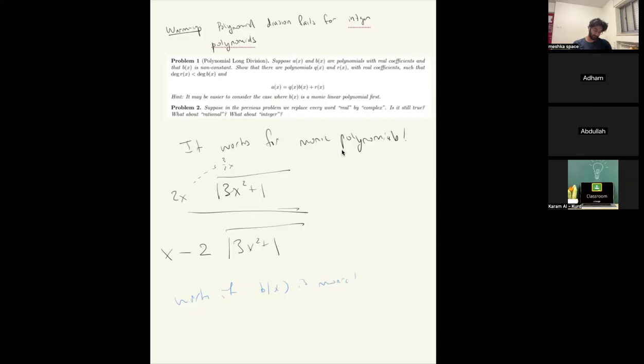In this case, I put 3x here, and you can see it'll work. I don't want to prove it now. It's one of the homework problems. I have to update the homework, but I added it as a homework problem just before we started class. So it works if you're dividing by a monic polynomial. Then your quotient and remainder will still be integer.